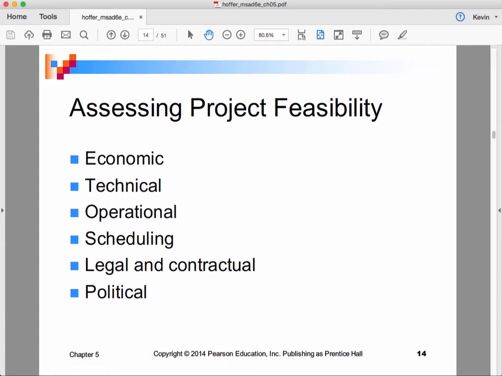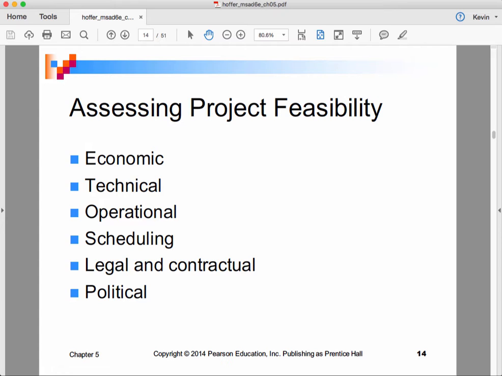Assessing project feasibility. Again, this is something you have to do no matter what kind of project that you're doing. You're probably more likely to see a written analysis of project feasibility in a waterfall-oriented project. But in any case, whatever project you're doing, you've done the analysis of whether a project is feasible. And on what criteria are we going to judge it to be feasible or not?